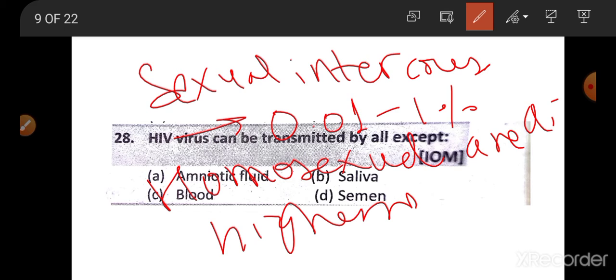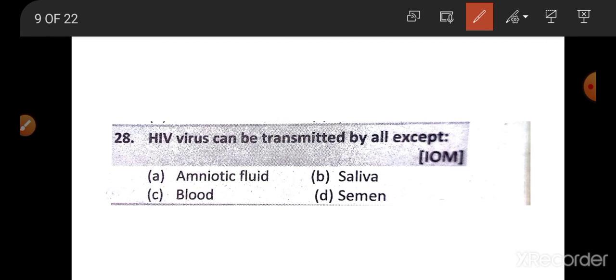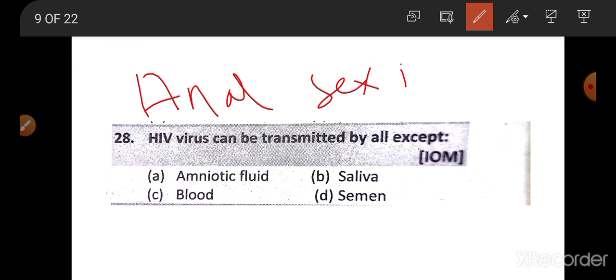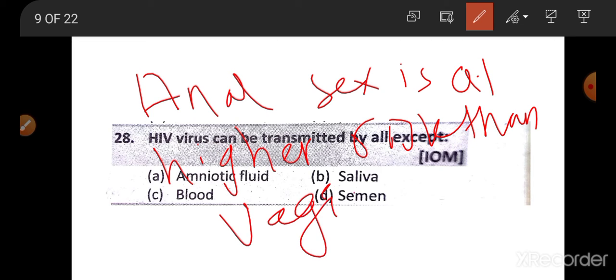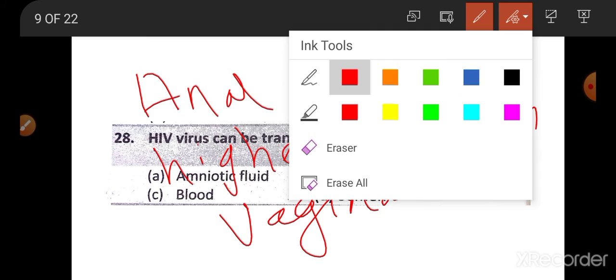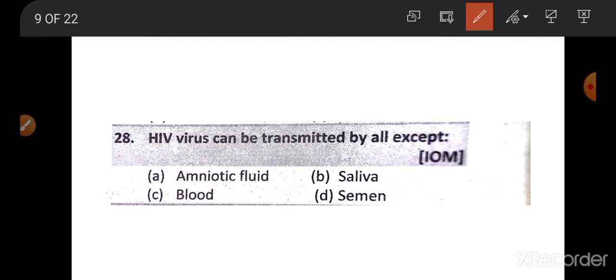So anal sex is at higher risk than vaginal. Second is blood contact.